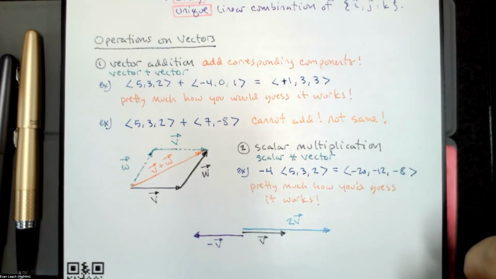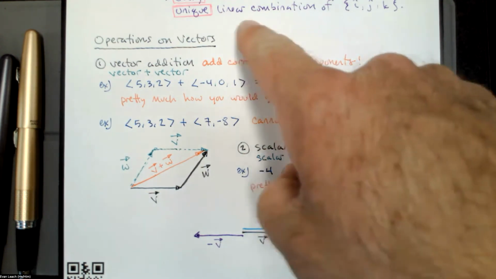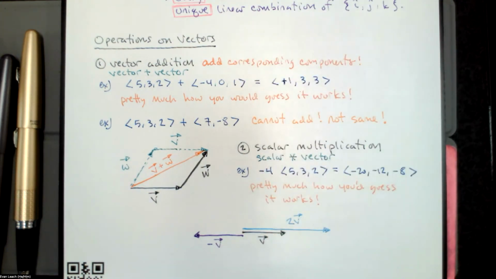So we got vector addition and scalar multiplication. Those are our baseline operations. These are how we make linear combinations. If we use those to put vectors together, we're making a linear combination. That's what we're talking about, linear combination up here.